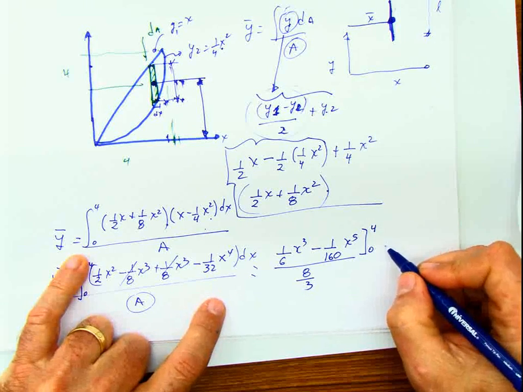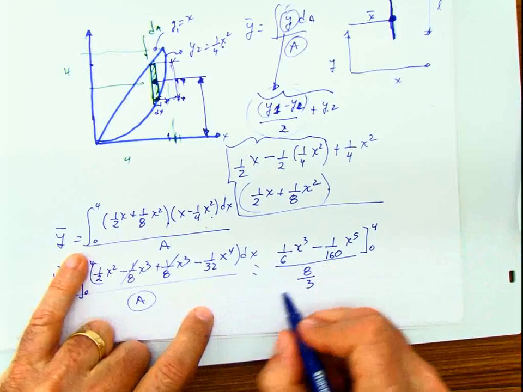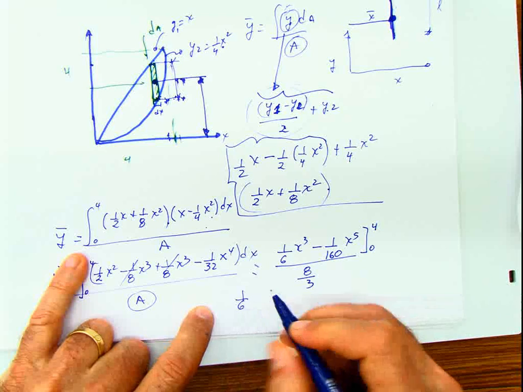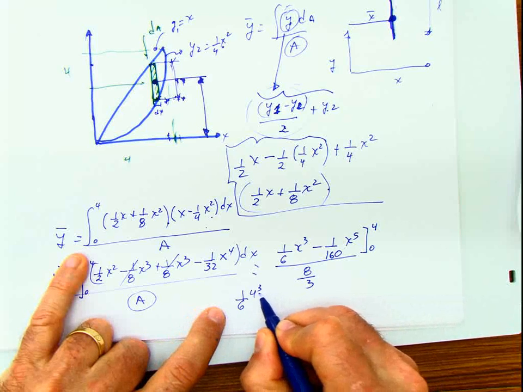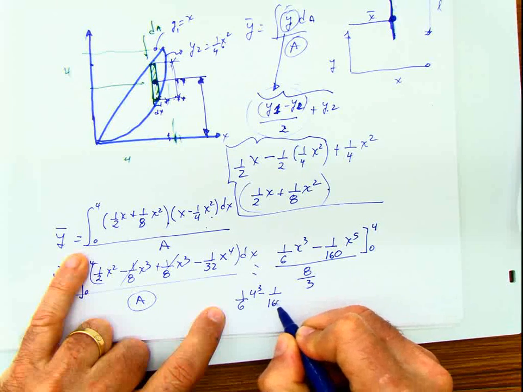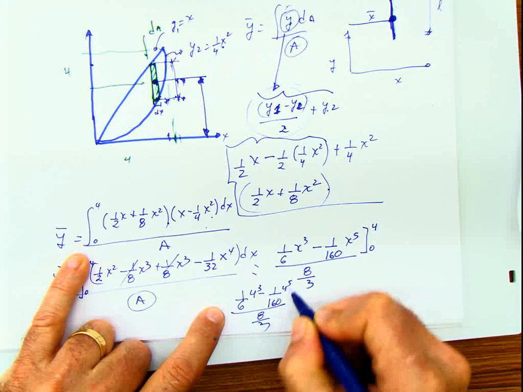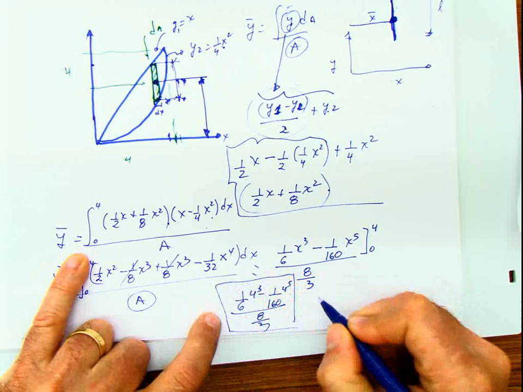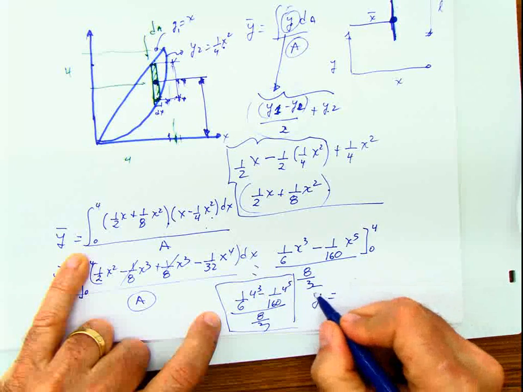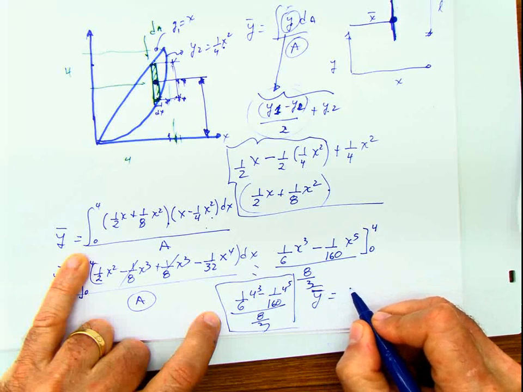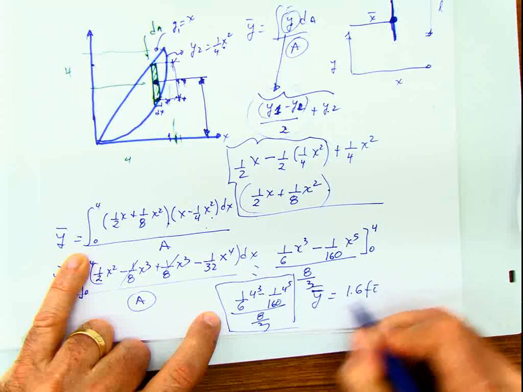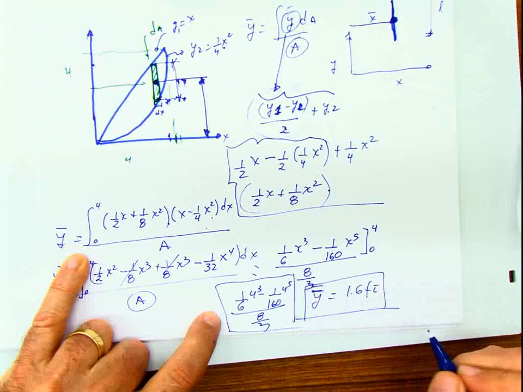And when you plug this here, then you have 1/6 of 4 to the third minus 1/160 of 4 to the fifth, divided by 8/3. And this is your y bar. And that y bar is going to be equal to 1.6 in the same way that we calculated before.